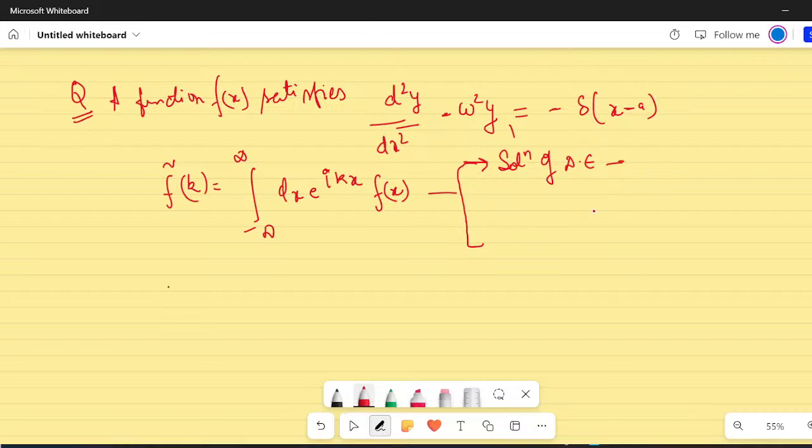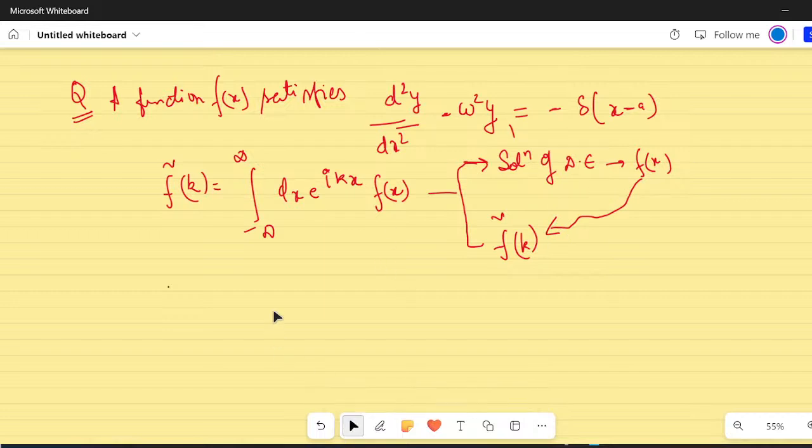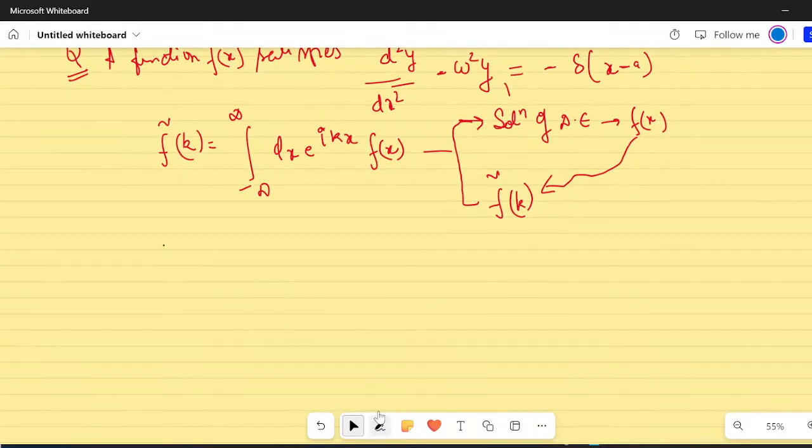Another thing that was required in this particular question was what would be the Fourier transform of f of x. So this particular question contains two parts. How to find the solution to this particular problem.